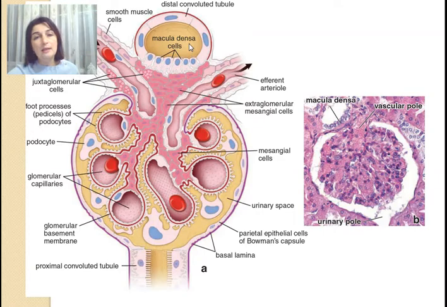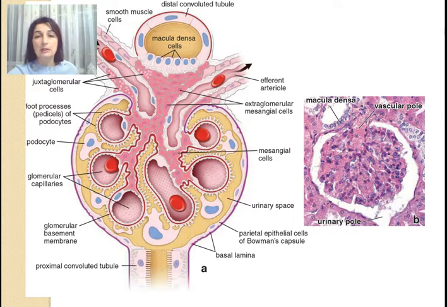The macula densa cells are chemoreceptors which sense the concentration of sodium ions inside of the distal convoluted tubule. If the amount of sodium ions decreases inside of the final urine flowing through the distal tubule, the cells receive that information, and in response, nitric oxide synthase is activated.